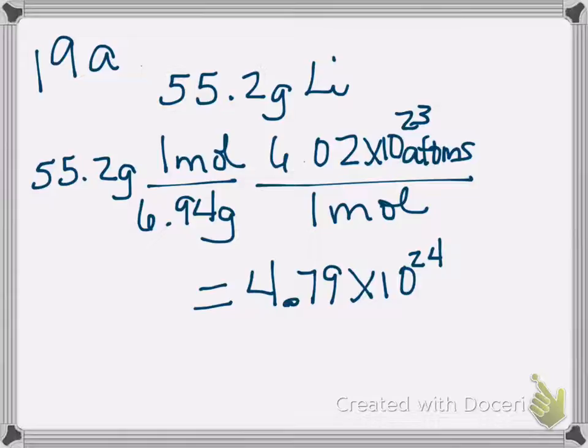Now we need to get to the atoms part. So we've crossed out grams. We now know that 6.02 times 10 to the 23rd atoms are in 1 mole. So we can cross out moles, and we're left with atoms. We multiply across and then divide, and your final answer is 4.79 times 10 to the 24th.